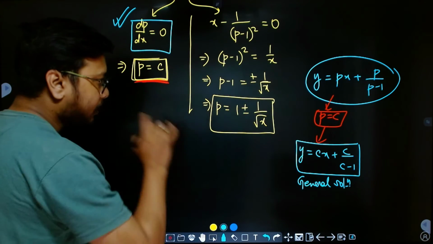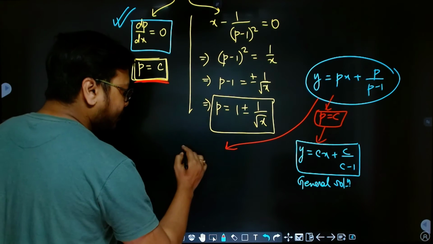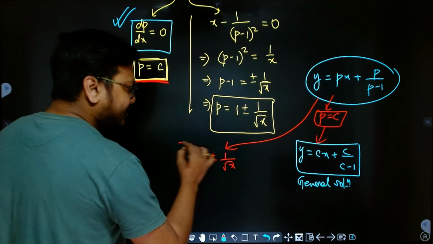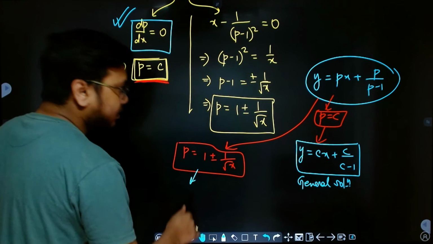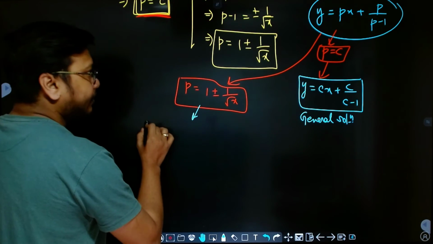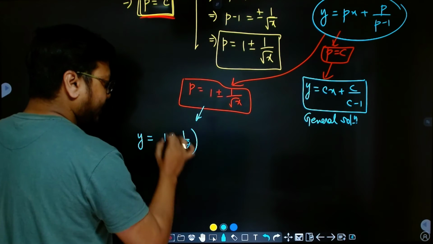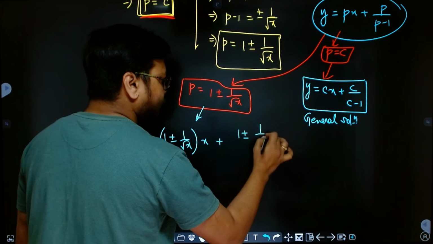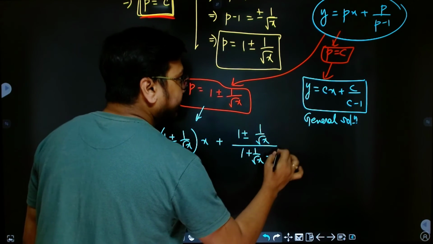Okay, now if we are going to put this particular value p equals 1 plus minus 1 upon root x, and then simplify this a little bit, then we are going to get our singular solution. So let's quickly do that. So y equals (1 plus minus 1 upon root x) whole into x plus (1 plus minus 1 upon root x) by (1 plus minus 1 upon root x minus 1).